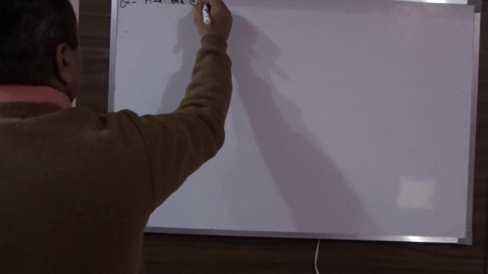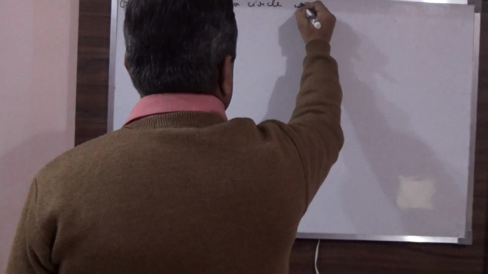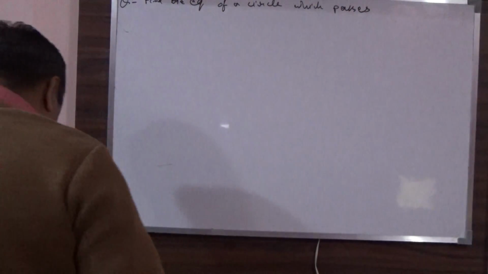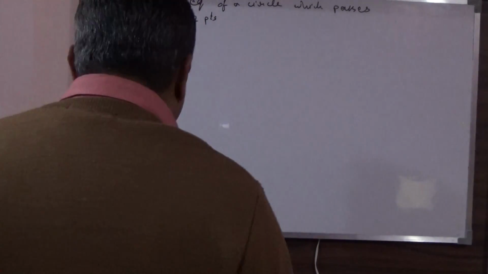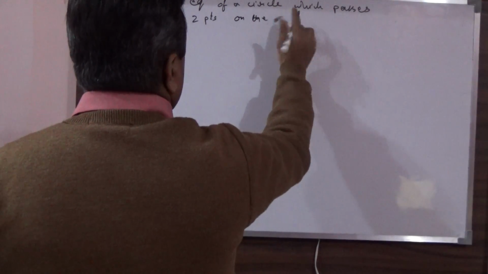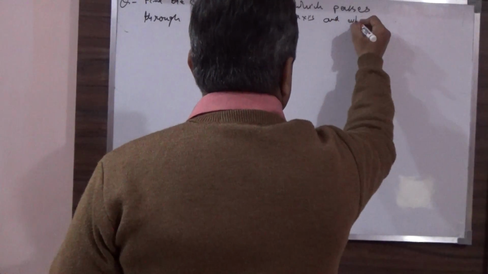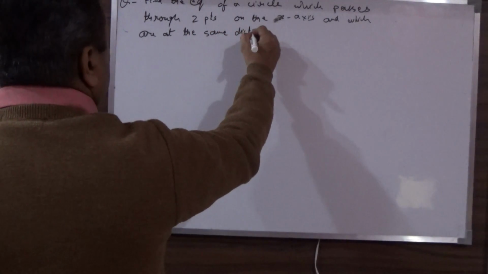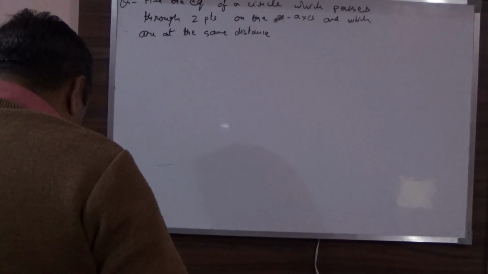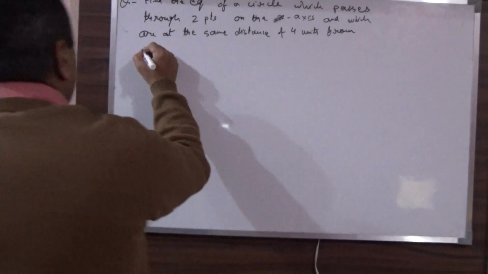The question says, find the equation of a circle which passes through 2 points on the x-axis, which are at the same distance of 4 units from the origin.